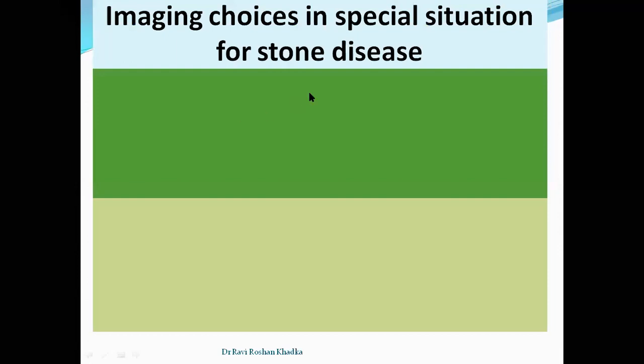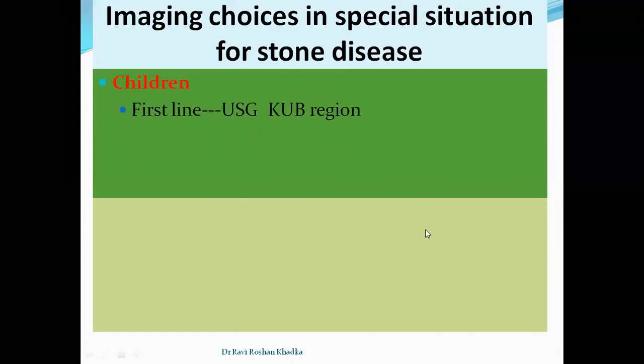So let us see some special situations. Now the question arises, what to do whenever the patient is a pediatric patient? What investigation is very good for the pediatric patient? For the pediatric patient, we think about the radiation, right? Because the growing epiphysis may be damaged by the radiation, that's why the first choice of investigation would be ultrasonogram KUB.